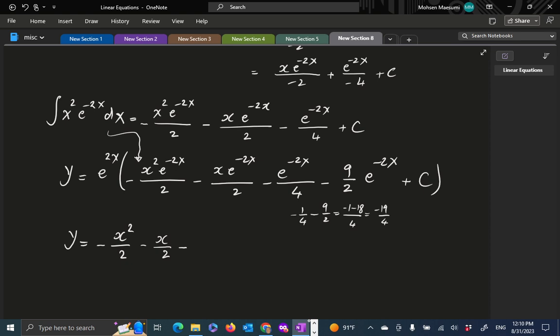So I have minus 19/4, and then a constant times exponential of 2x.